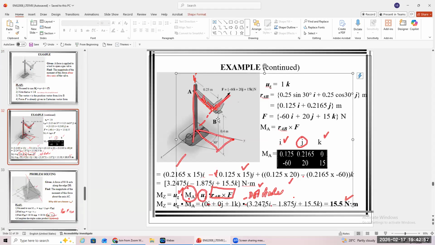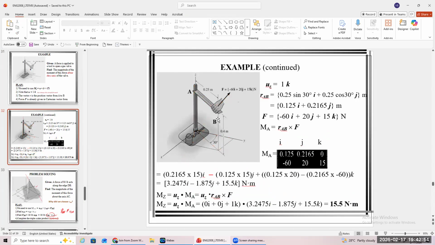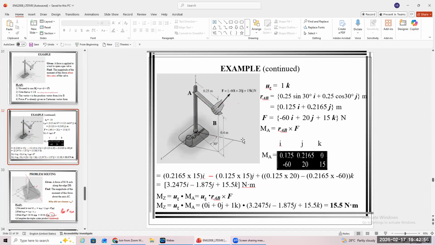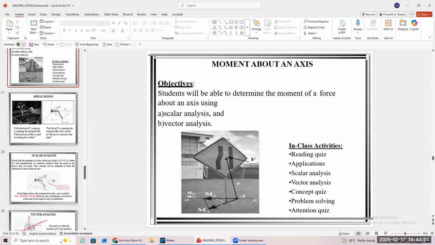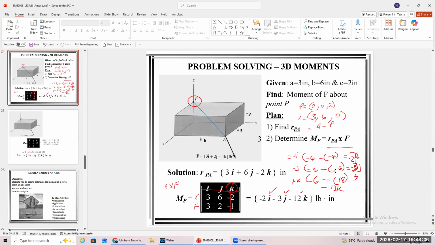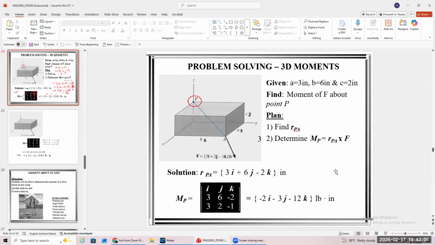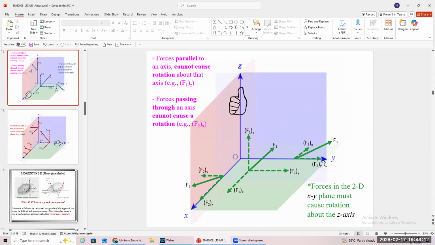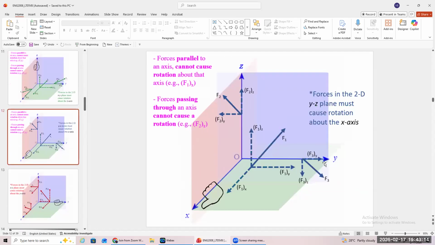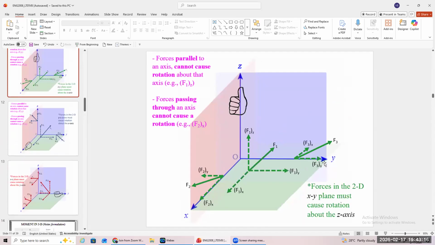I need to take all of these off the slide. Everything needs to go, upper side.